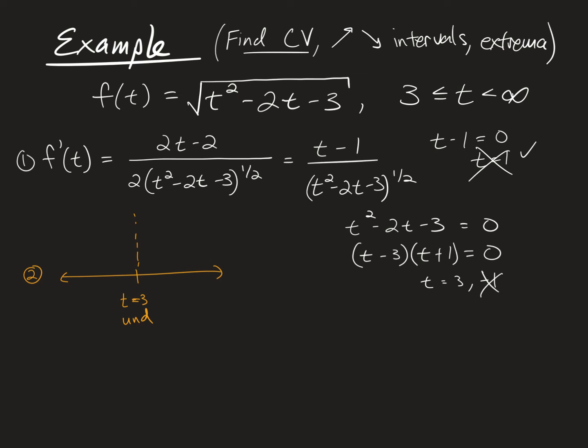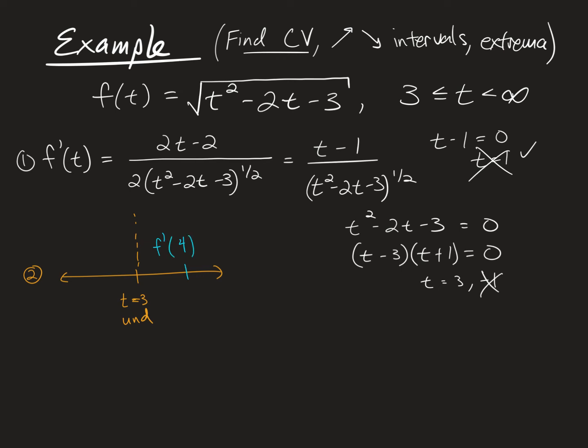So if you'll notice, we go from 3 to infinity. That's the domain or the interval where this function is defined for this example. It doesn't make sense to pick any numbers to the left of 3 because we're not worried about it. We're starting at 3. We only have to pick one test value this time, so I'm just going to pick 4 rather randomly. And I want to find f prime of 4.